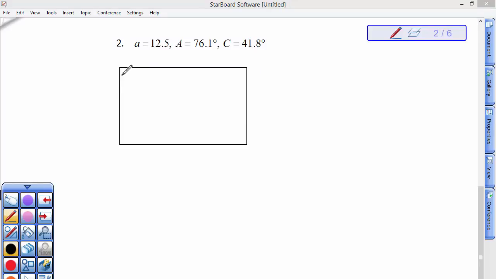So what I'm going to highly recommend is that you fill in this box because there's 6 pieces of information for any given triangle. There's 3 angles and there's 3 sides.